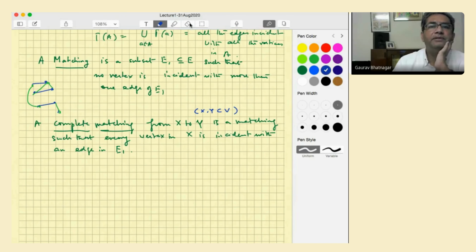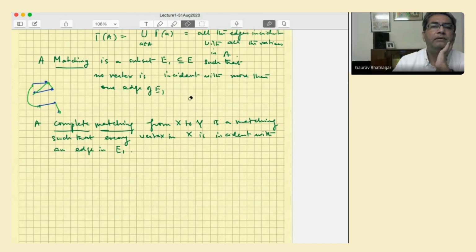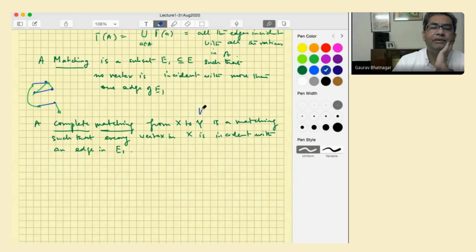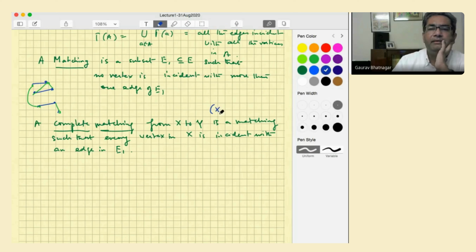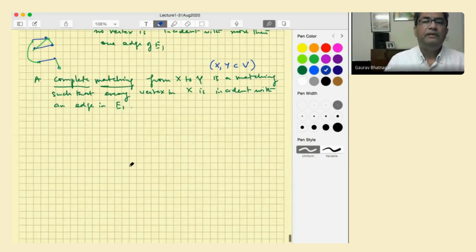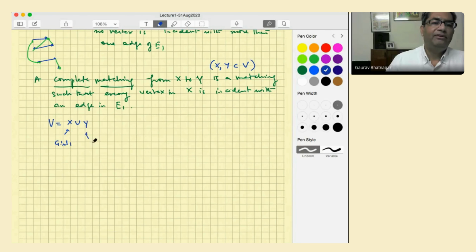So let's right now have V equal to X union Y, and we can think of bipartite separately. Let X be, let's say, girls, and let Y be boys.